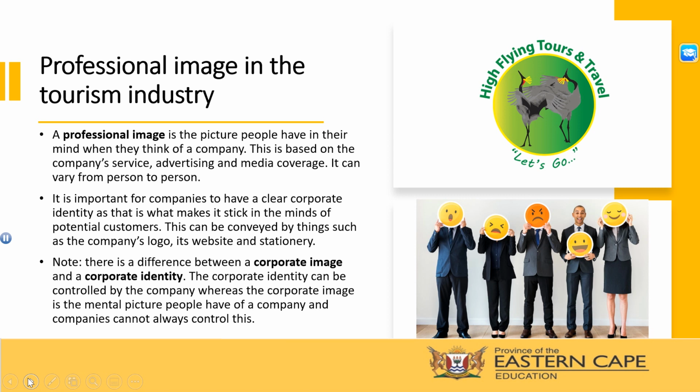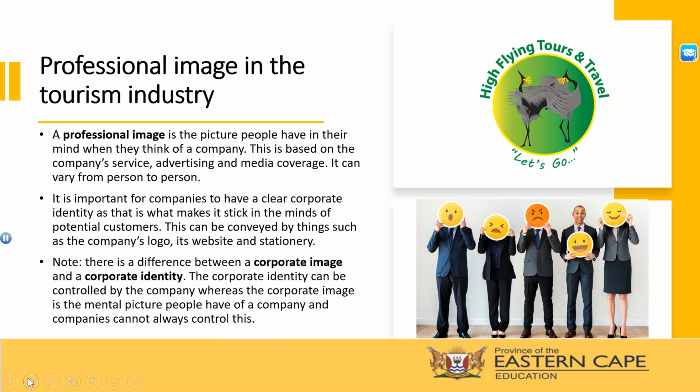What one person perceives to be a professional image is perhaps not exactly the same as what somebody else perceives to be a professional image. So therefore it is important that companies have a clear corporate identity, as it is that corporate identity that makes it stick in the minds of potential customers.